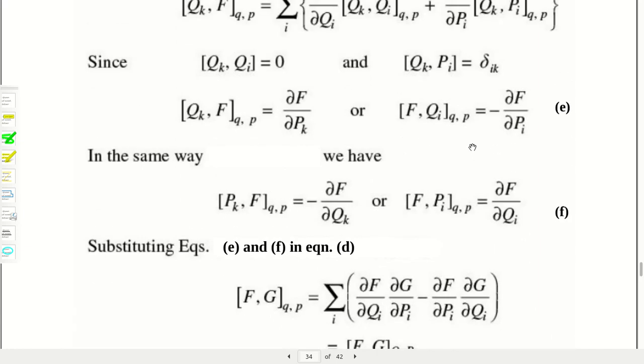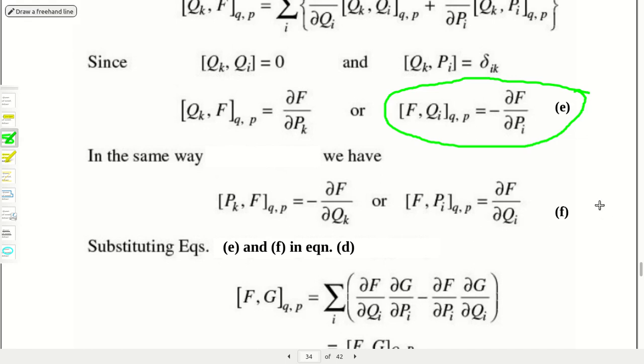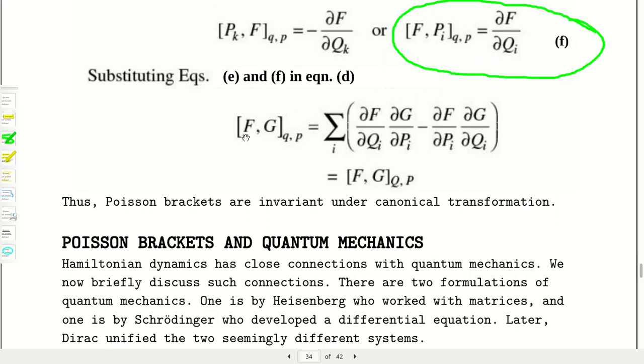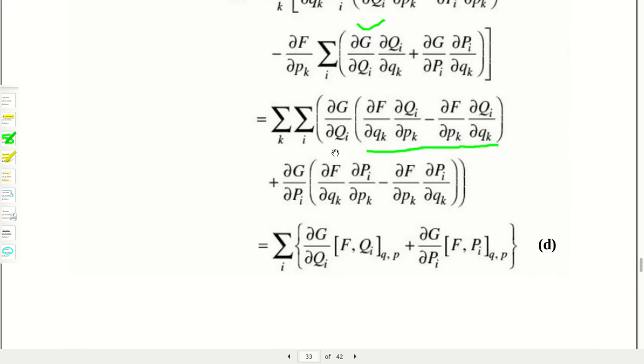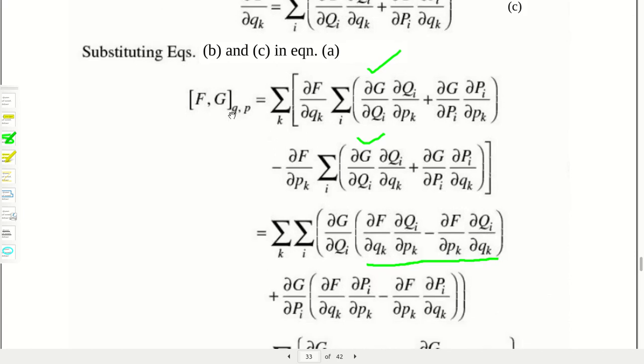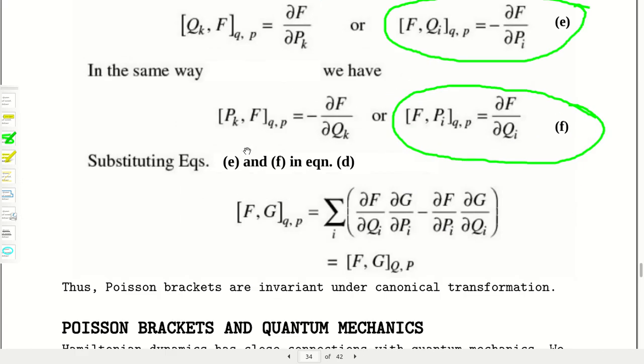And now we have two formulas, {F, Q_i} and the second, {F, P_i}. Now put them into these two equations. That will give you, since we started from here, {F, G} commutator bracket in the old coordinates q, p, this form: ∂F/∂q_i ∂G/∂p_i minus ∂F/∂p_i ∂G/∂q_i.